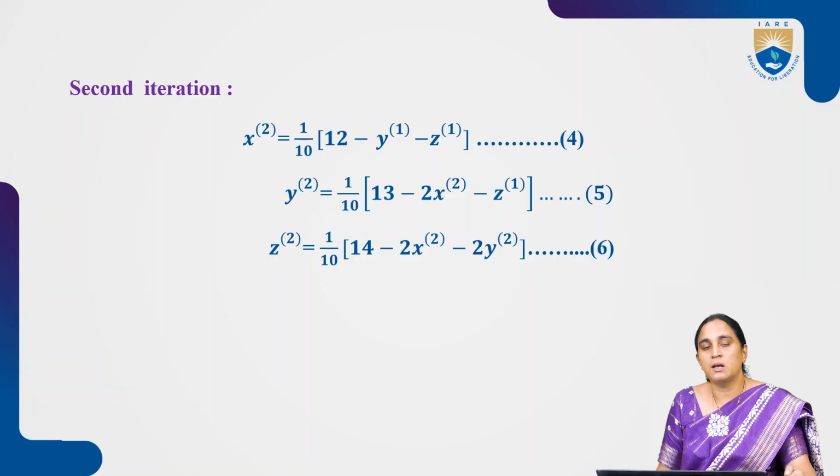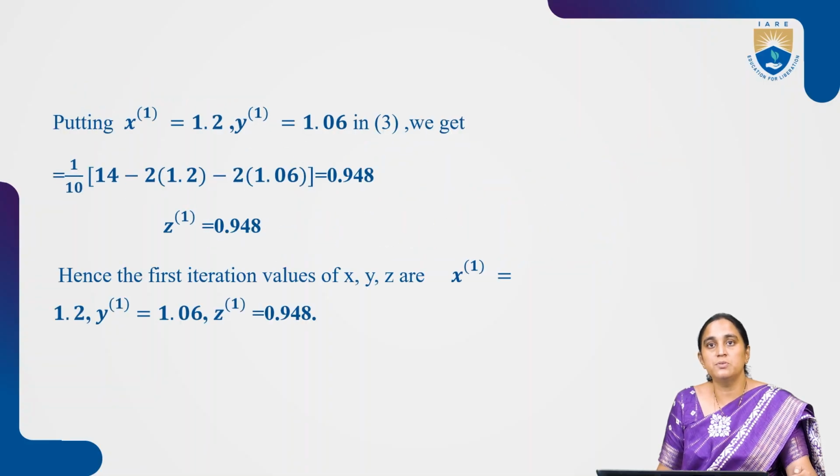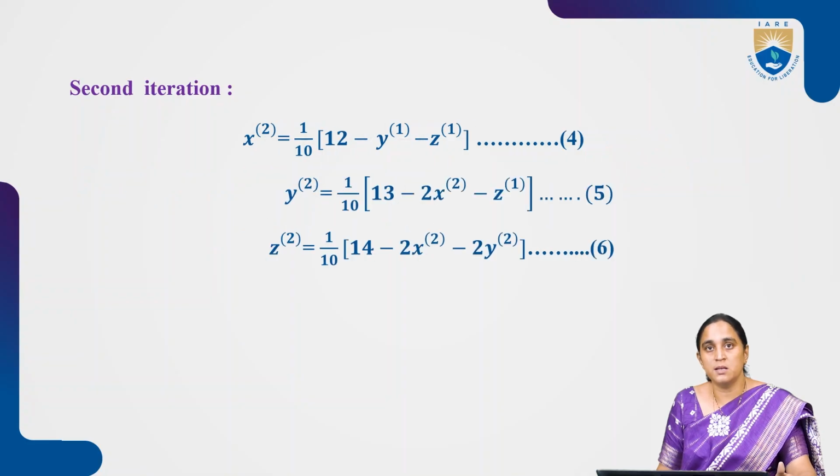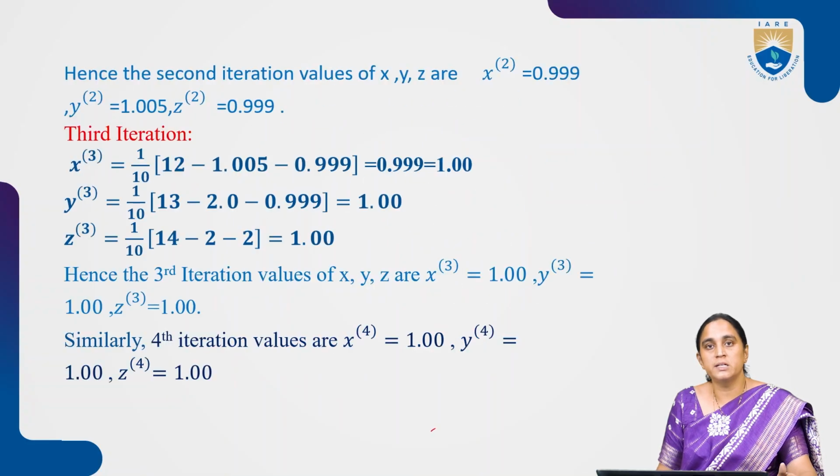Using those values we get the first iteration values, and using the first iteration values we get the second iteration. If these are the same, then we stop the procedure, or else continue up to similar values. Here the first and second iterations are not the same, so I continue with the third iteration.